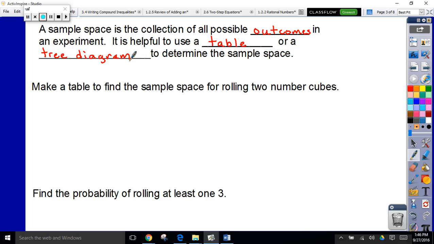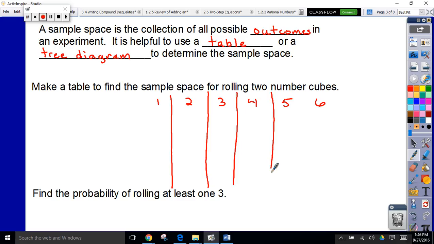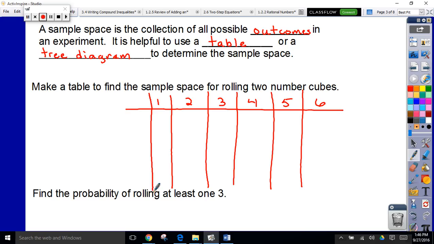And what we do is we're going to put the sample space for one cube across the top. So when you roll a cube, the possibilities are 6 different numbers. You could roll a 1, a 2, a 3, a 4, a 5, or a 6. And I'm going to draw lines to divide them all. Now, along this side, I'm going to write the possibilities for my other number cube.